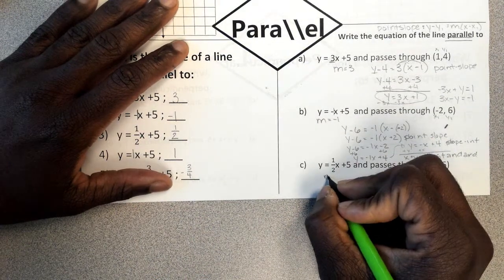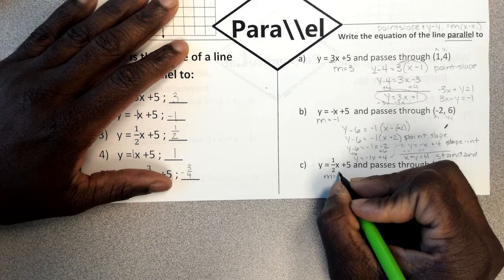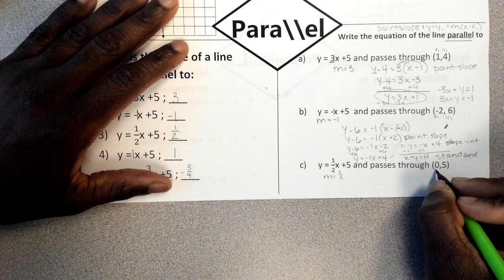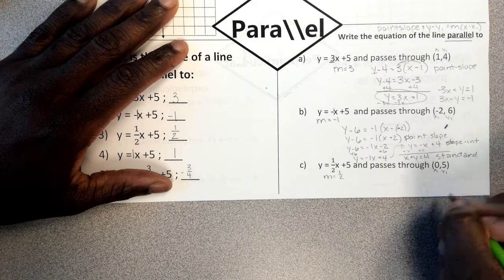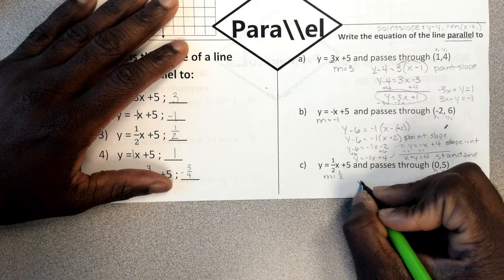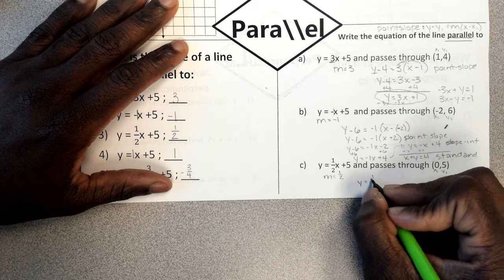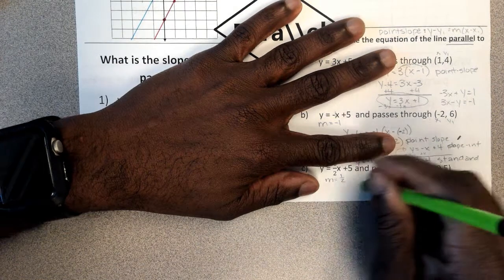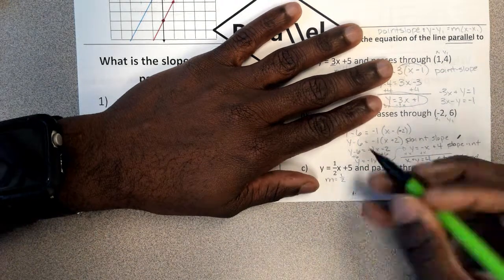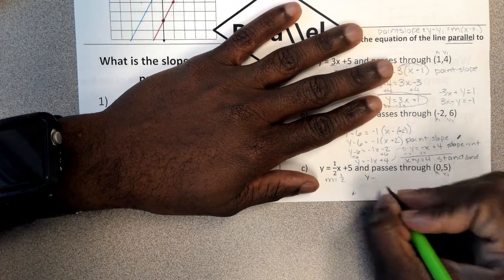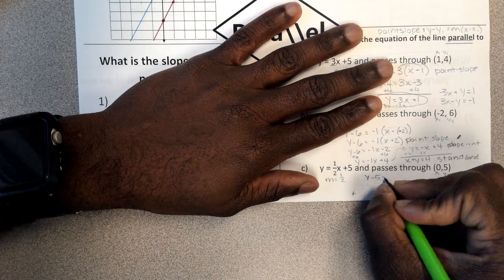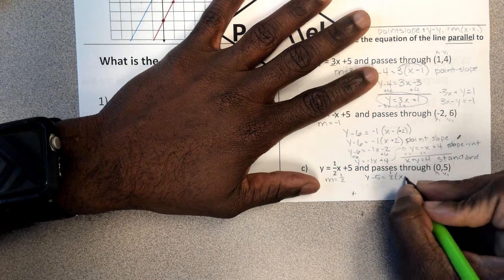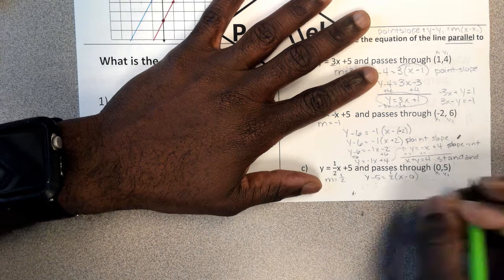Our slope, again, the number in front of x, the coefficient of x, is 1/2. And it passes through 0, 5. So this is x1, y1. Y minus 5 equals 1/2 times x minus 0.